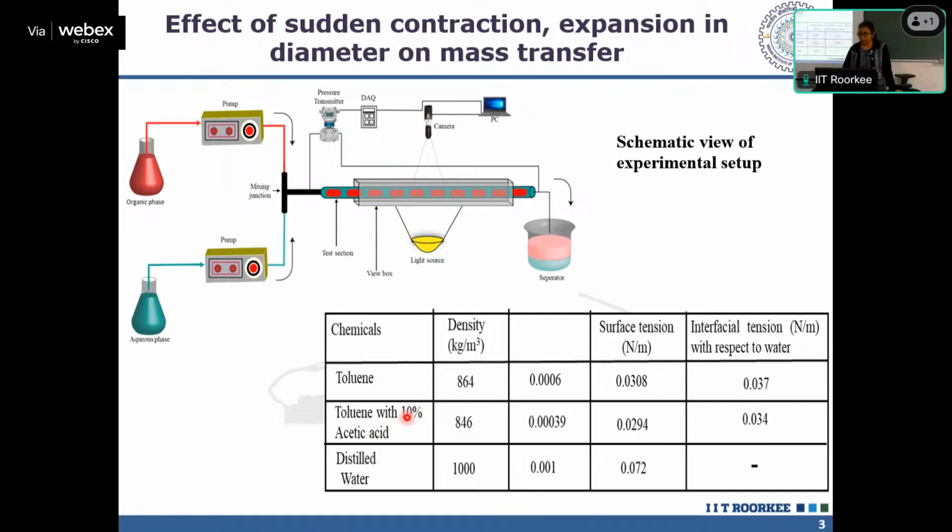The only difference is that toluene is mixed with 10% acetic acid, and this acetic acid we are going to extract using the aqueous phase. That is the idea. After they flow out from the test section, there is a separator where the phases are separated and taken out for further estimation of the concentration of acetic acid in the aqueous phase. Okay, so this is the idea.